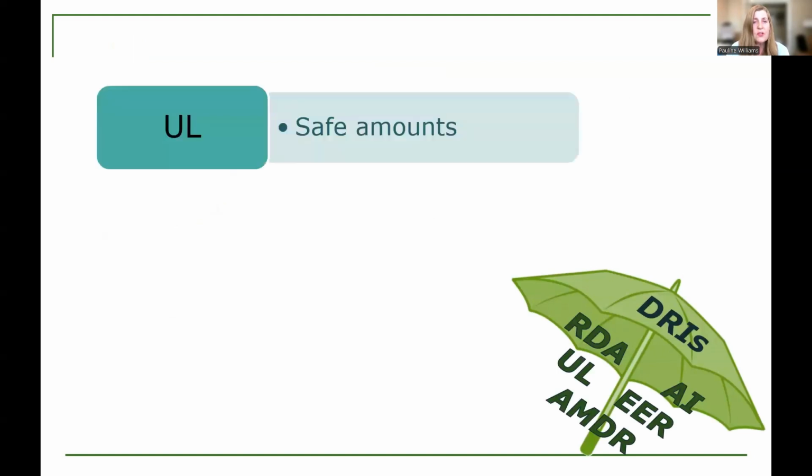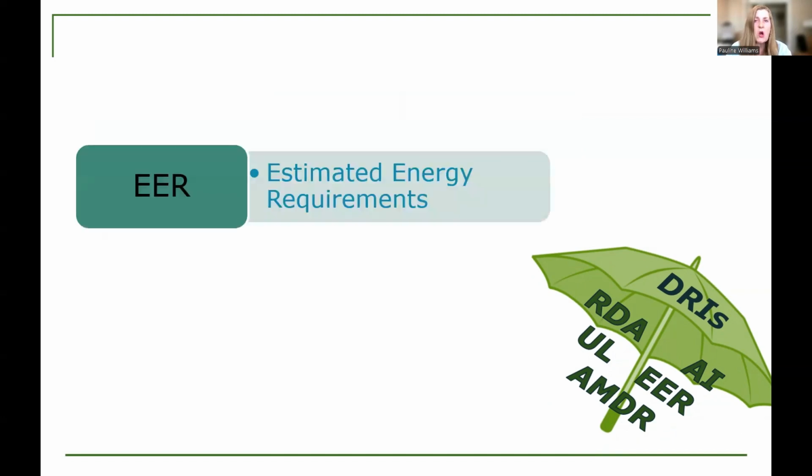Now, the next DRI we are going to discuss is called the UL, or the upper limit. This is just the amount that defines the upper limit of safety for nutrient intake. So intakes above this number could potentially be hazardous. The next category in our DRI is the EER, or Estimated Energy Requirements.